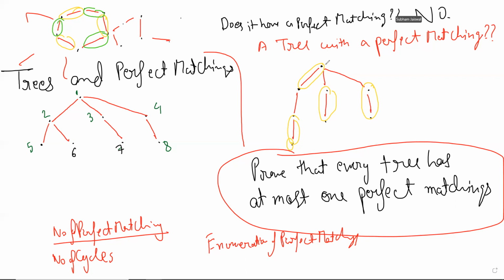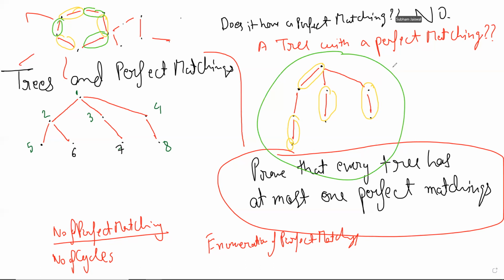It kind of starts with the tree. The tree has no cycles, and a tree has only one perfect matching if it has one, because there are no cycles to create a symmetry. So cycles do help you create more perfect matchings, and it seems cycles are the only thing that does, because when there are no cycles, you don't have more perfect matchings.